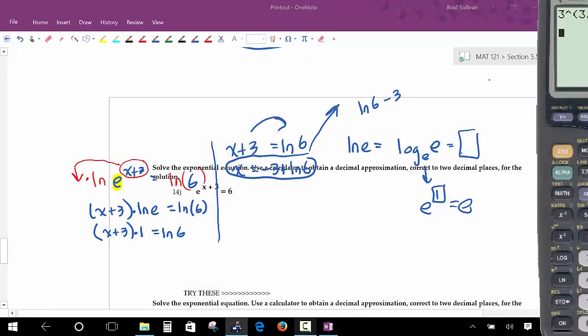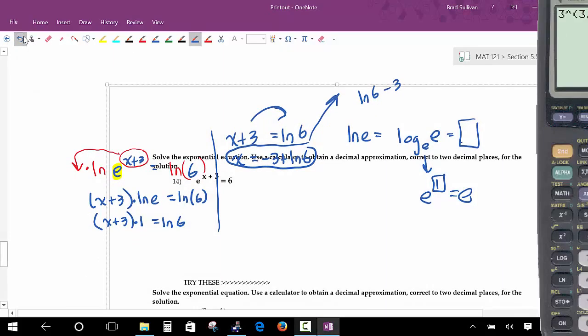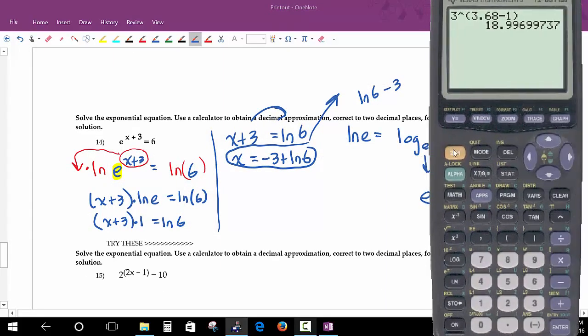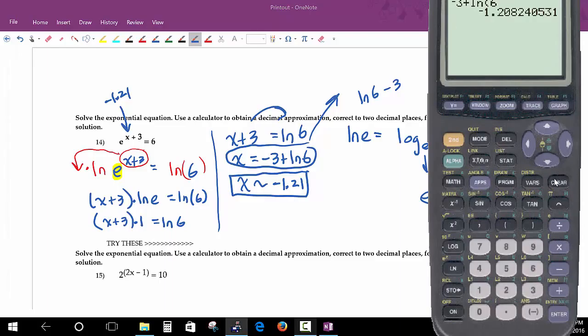Then we just take the calculator, and again we get a decimal answer. So if I do negative 3 plus ln of 6, round it to 2 decimals, we get x is approximately equal to -1.21. And let me show you how to check this one on the calculator also, because we haven't done this yet on an e. On a TI, notice on your ln key, above it in yellow is an e to the x.